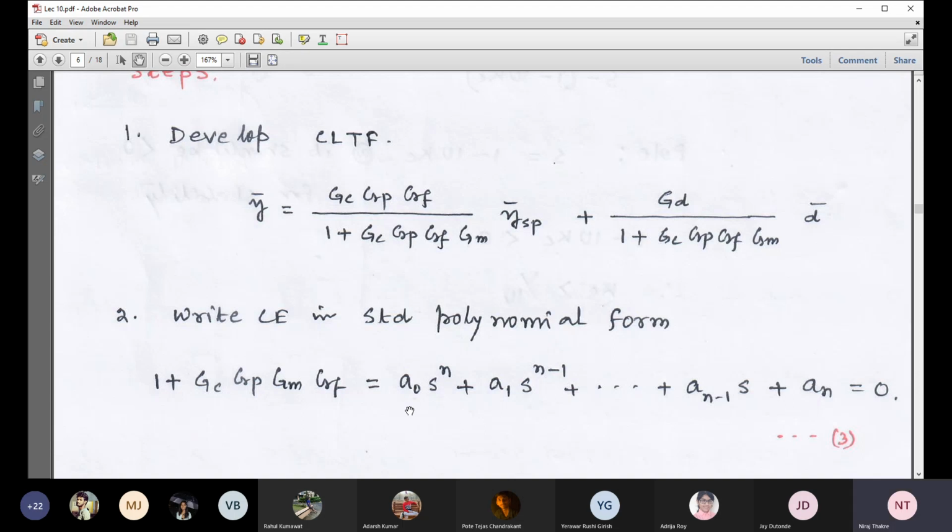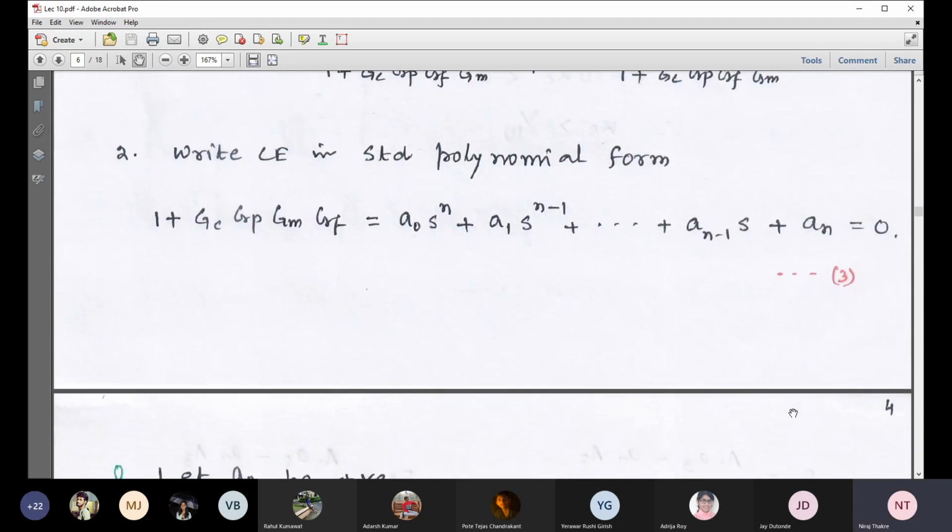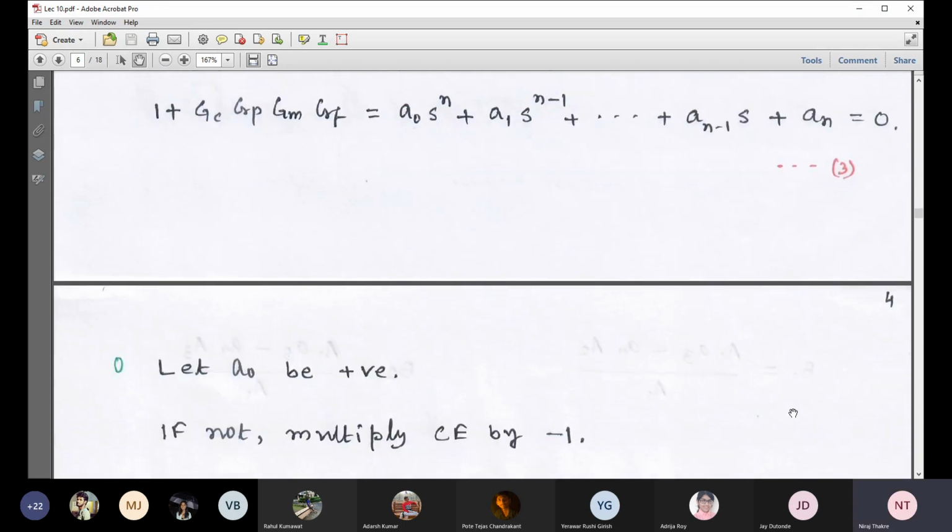Here A0, A1 to AN, these are coefficients, constant parameters. Now within this, let A0 be positive.